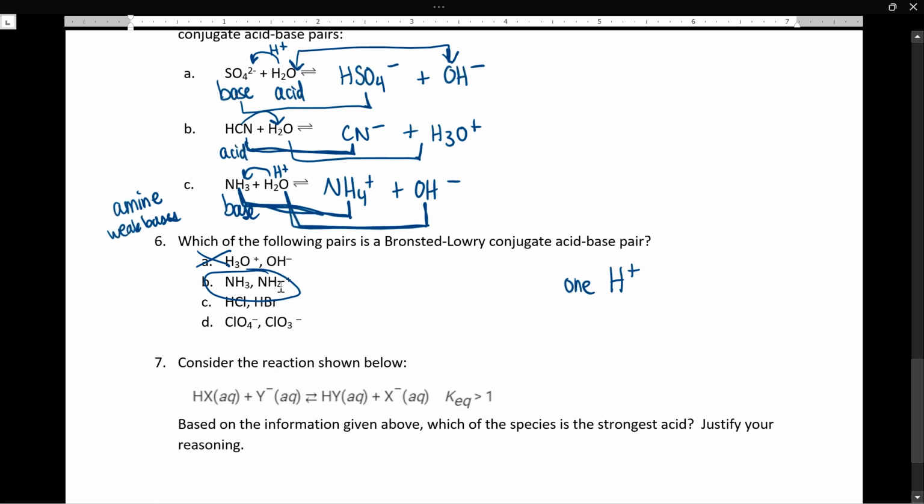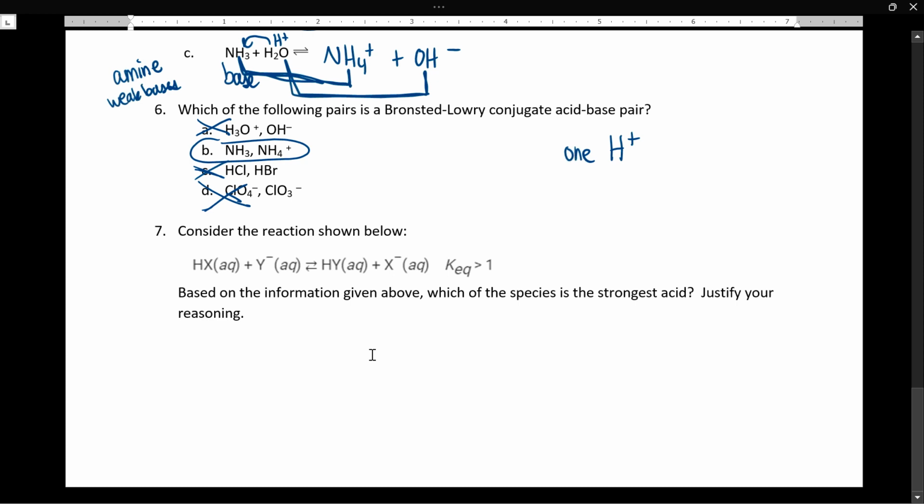The only difference there is one hydrogen. C is, sorry, I kind of crossed that out there. Boom. C is not. They look similar, but they differ by their anion, not their hydrogens. And then D, those look similar, but they differ by their number of oxygen atoms, not by their number of hydrogens. So you can identify a conjugate acid-base pair because they differ by just one hydrogen ion.